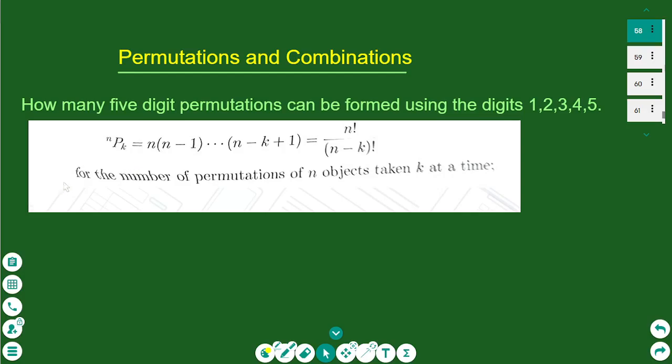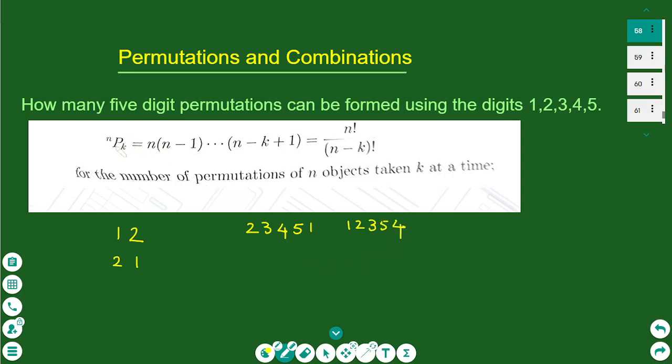For example, the combination 1, 2 is different from the combination 2, 1. Or, for example, if I have 5 digits, then 2, 3, 4, 5, 1 is different from 1, 2, 3, 5, 4.